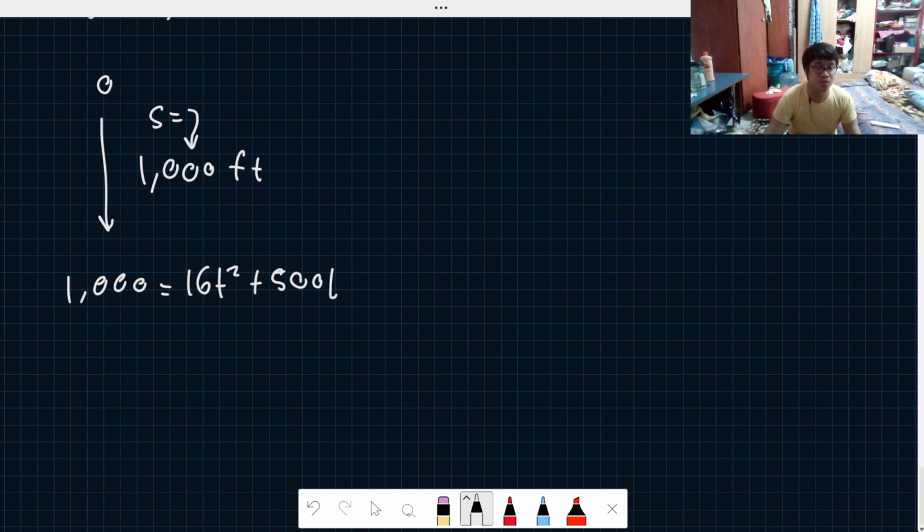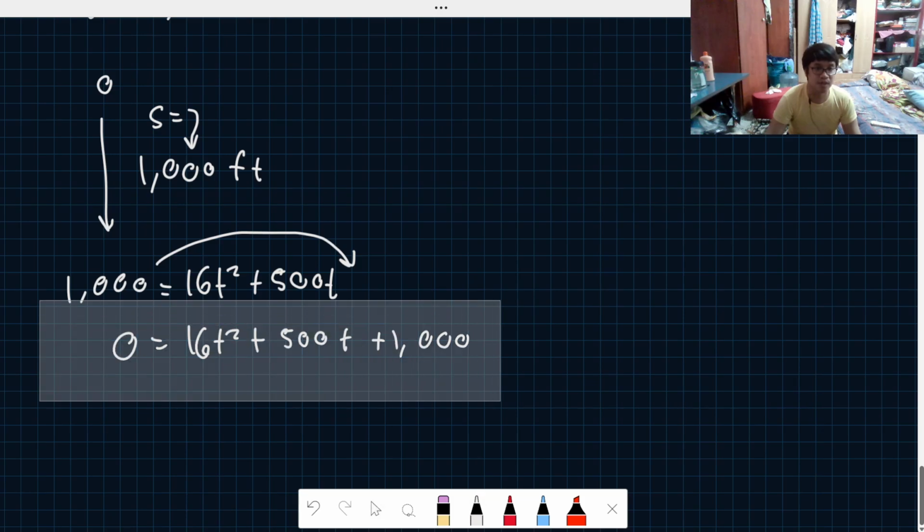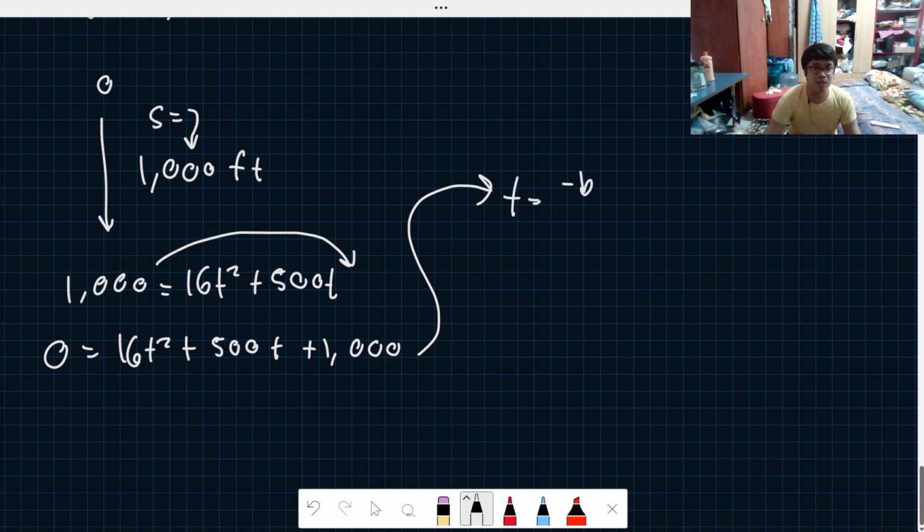Here, we're just going to apply the quadratic formula. I just transpose 1,000 to the right. You have 16t squared plus 500t plus 1,000. Okay. So wait, let me fix that here. Then you will use the formula. t is equal to negative b plus minus the square root of b squared minus 4ac all over 2a.